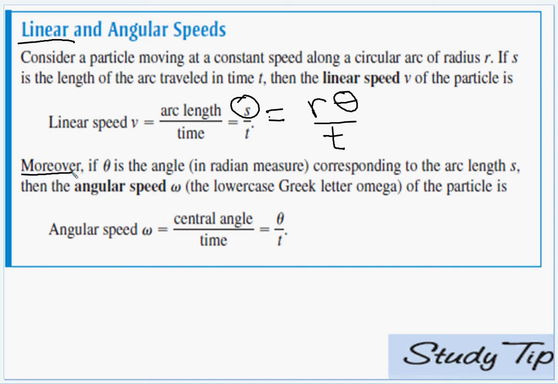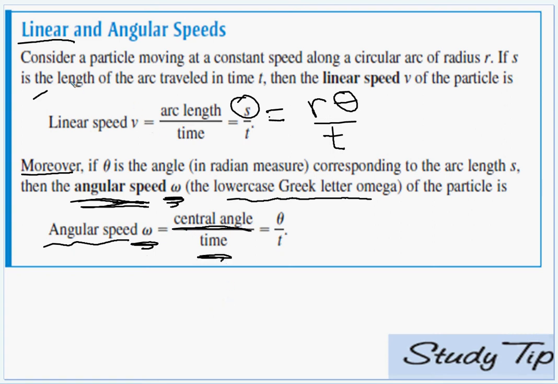And then moreover, if theta is the angle measured in radians corresponding to the arc length s, then the angular speed, here that little thing that looks like a cursive W, an italicized W, is the lowercase Greek letter omega. So the speed at which the angle is changing of that particle, here's our angular speed, omega, is equal to the central angle divided by the amount of time it took.